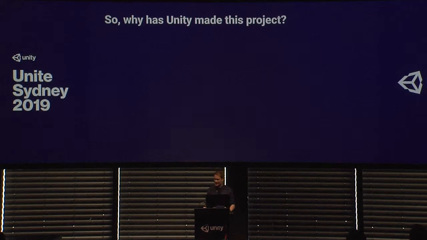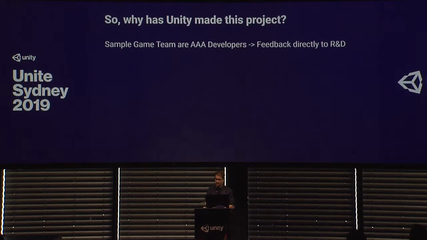So why has Unity actually made this project? That's a pretty big question. So the first thing is that the Sample Game team is 3 programmers, 2 artists and 2 technical animators at the time of making this, and they all come from AAA, most of them coming from IO Interactive, who are most famous for making the Hitman games, and also I think Kane and Lynch and probably some other stuff. But Hitman's the main thing. So basically we hired a bunch of people.